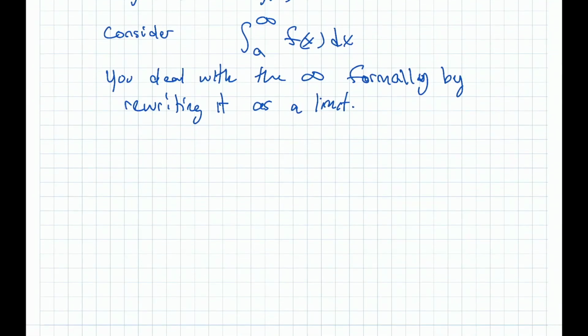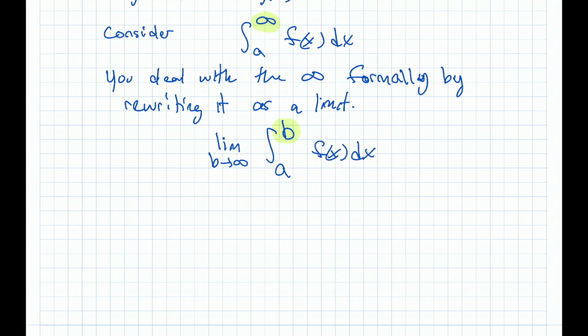Okay, so what you'll have to do is take away the infinity and replace it with a variable. So I took away the infinity and I put a b there. And then on the outside, you just say limit as b goes to infinity. And then you do the integral as normal.